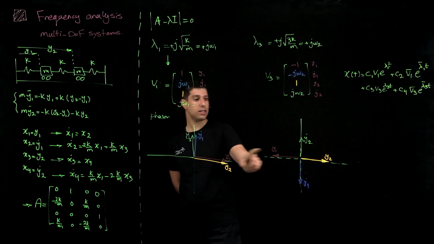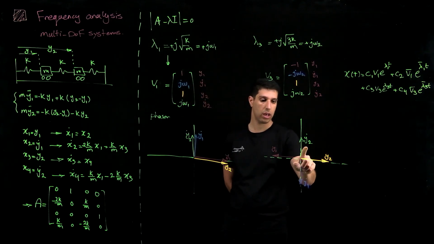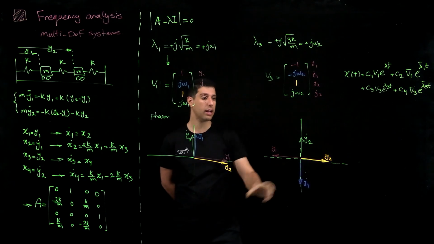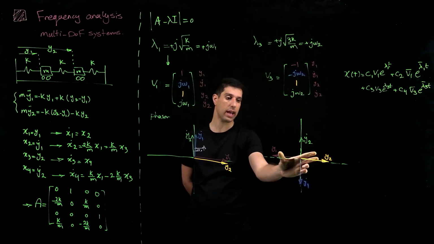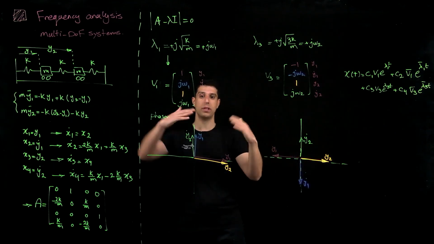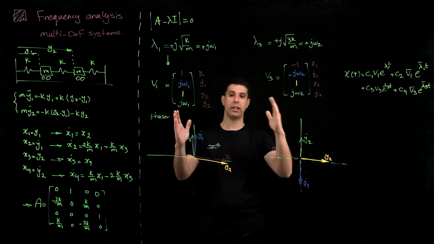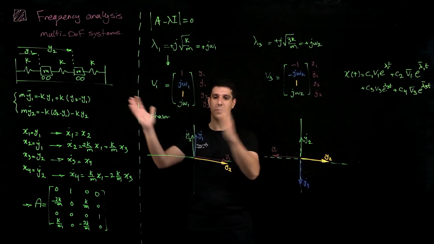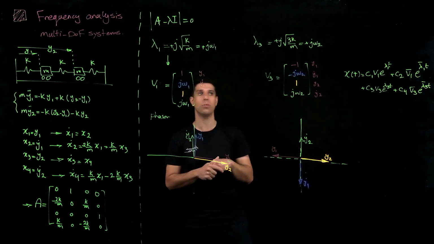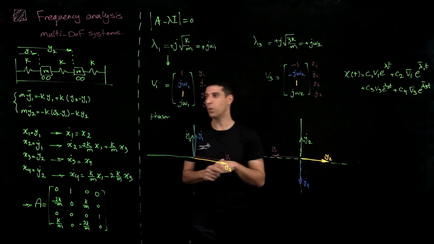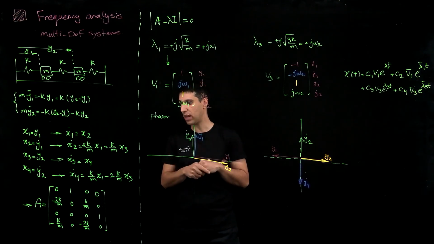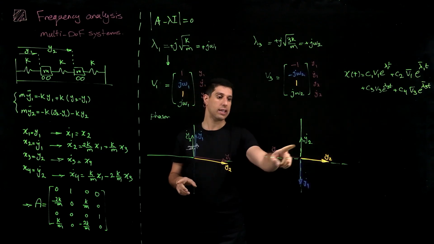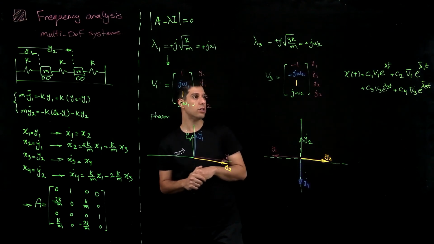In this case, I don't think the velocities would be exactly 90 degrees ahead, and these two would not exactly be opposite of each other. There could be some angle between them, meaning you would have a little bit funnier motion. That's one thing: if you have damping, these angles might change.